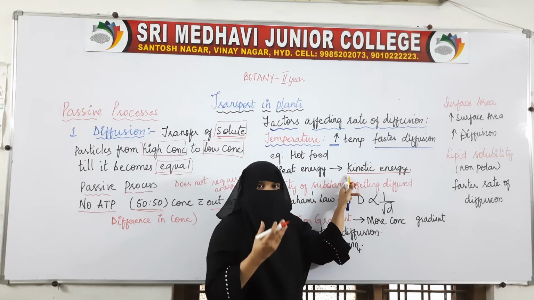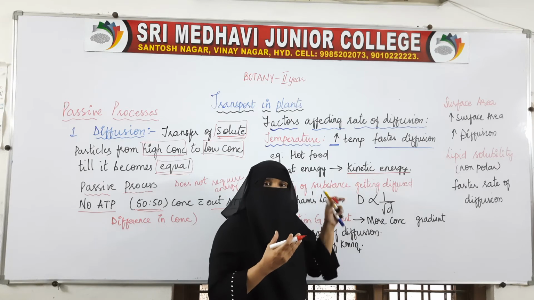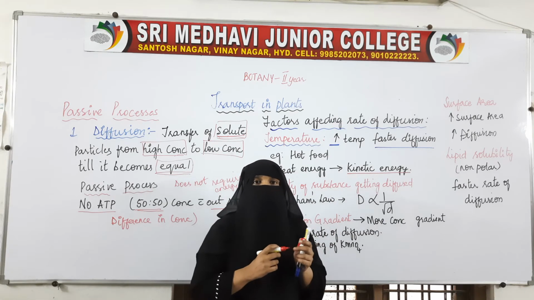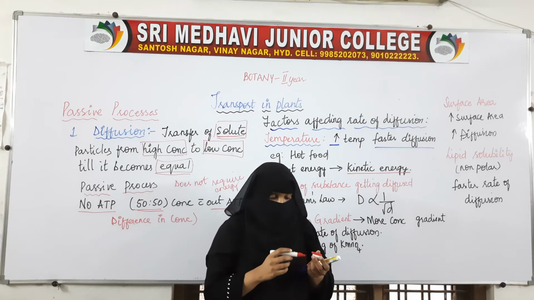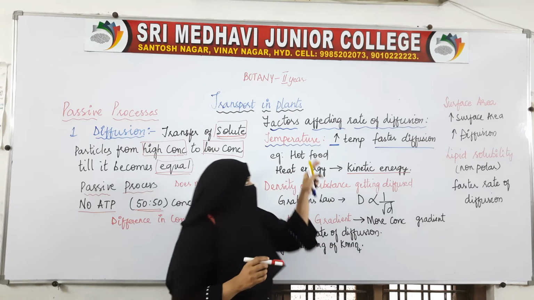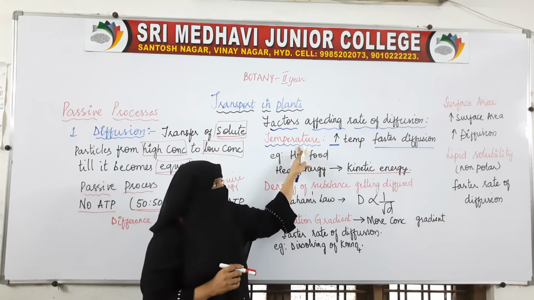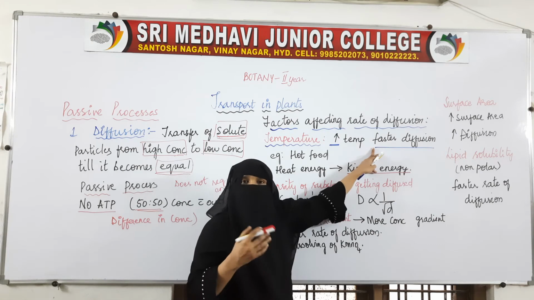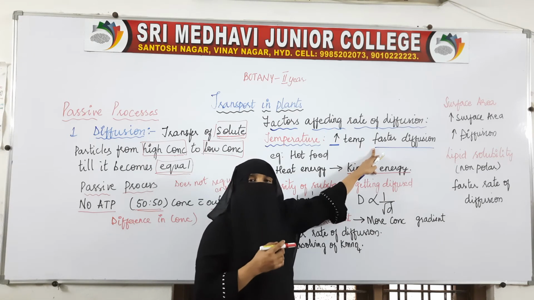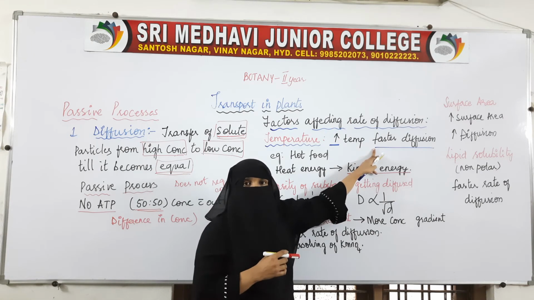So the food particles will get the kinetic energy and they will start to move to a longer distance. So the thing is, with the increase in the temperature, the rate of diffusion will be faster and to a longer distance.